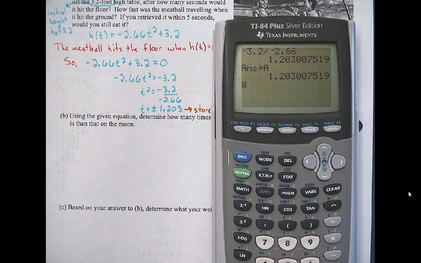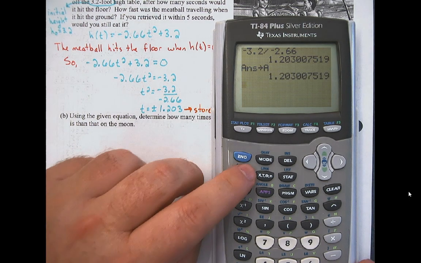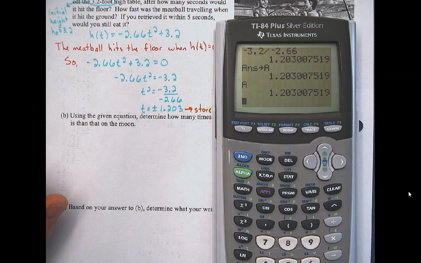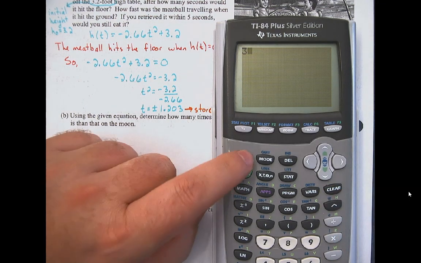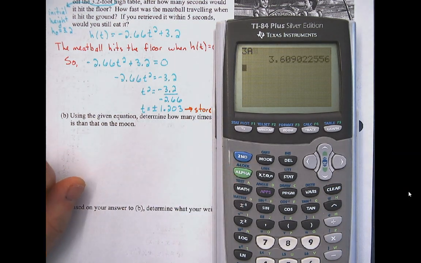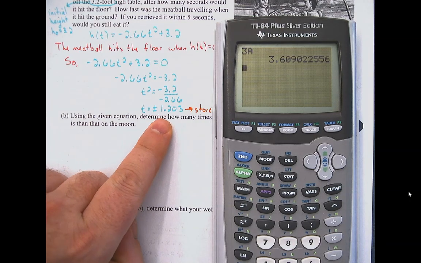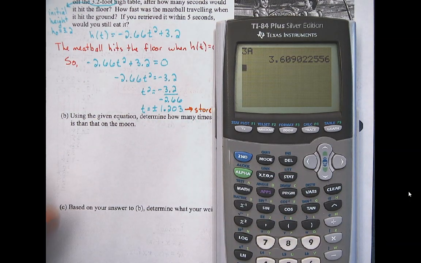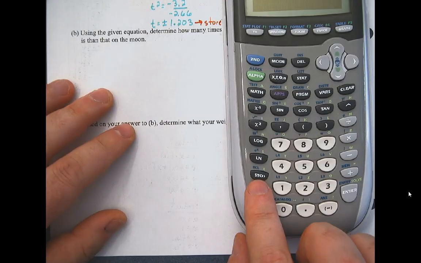That means whenever you type in A, it will give you that number again. So if I wanted to do 3 times A, it's 3 times 1.2, which is like 3.6. So it saves it as that number. You guys maybe did this in chemistry class where you store Avogadro's number in your calculator. That's what store does.